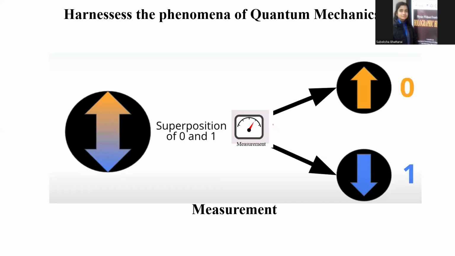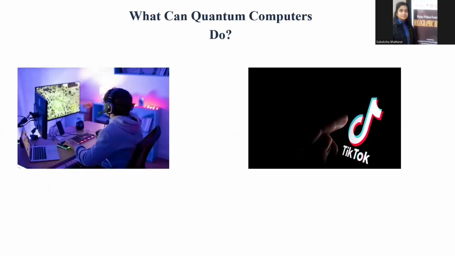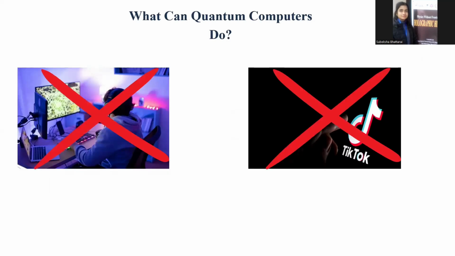But how do these strange quantum behaviors help us in real life? Well, quantum computers are not for gaming or browsing TikTok. Actually, they are not meant to replace traditional computers.